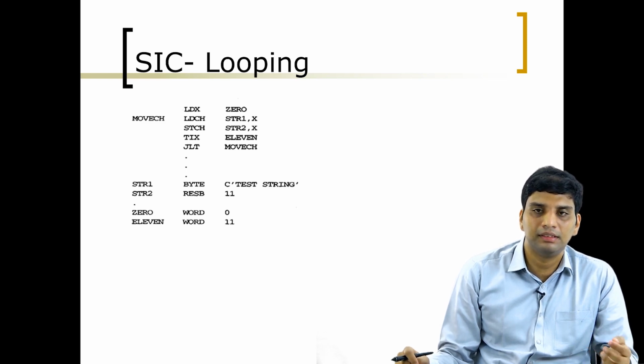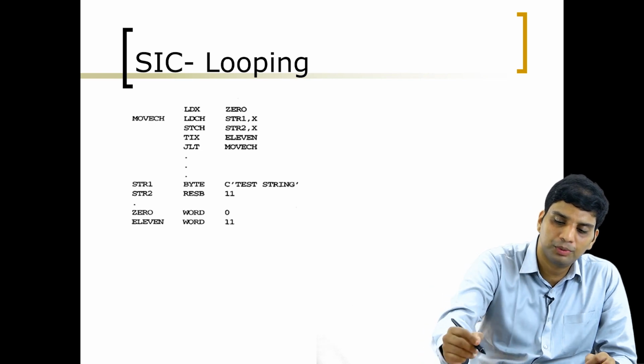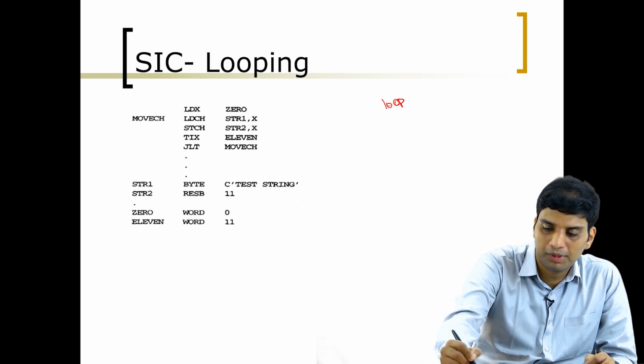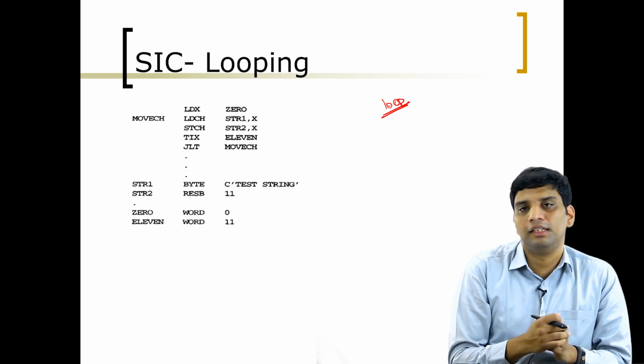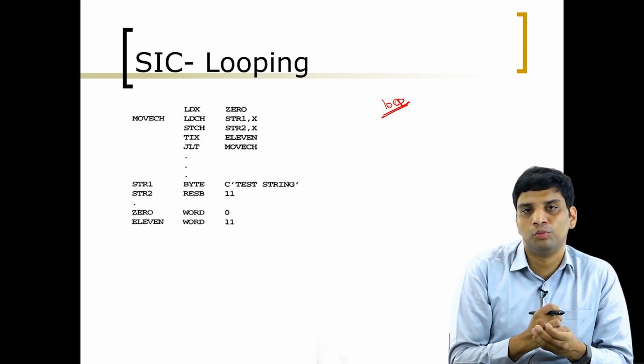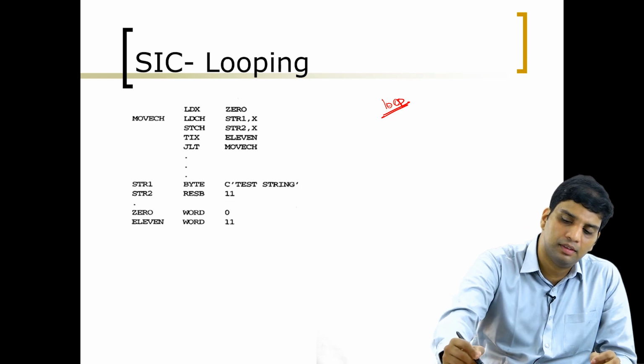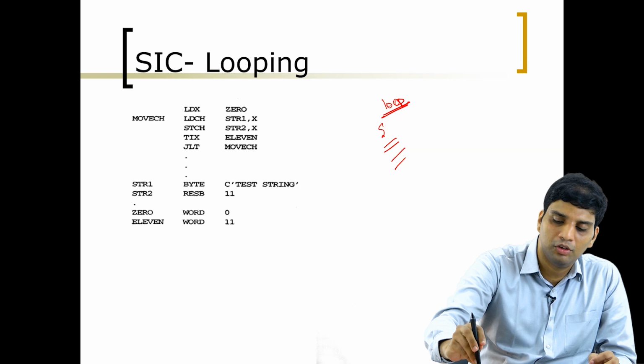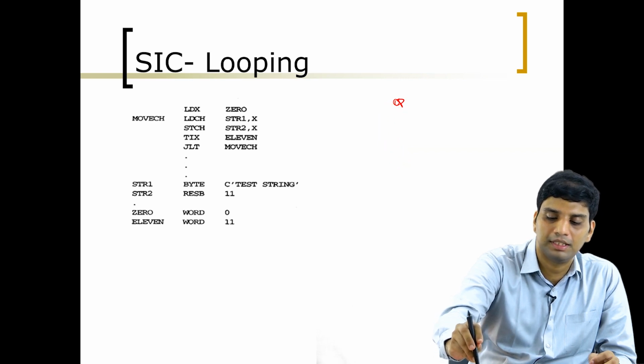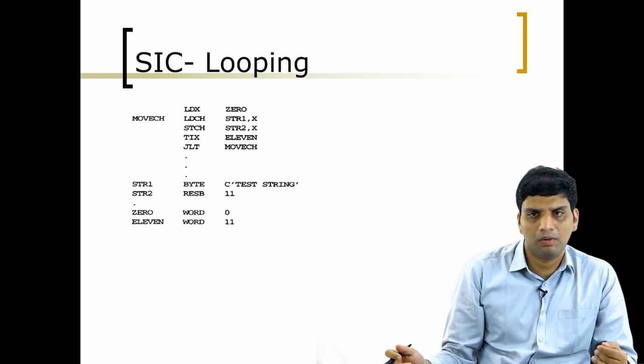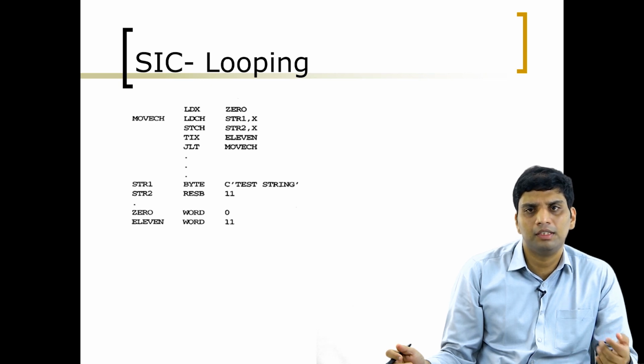How does SIC support looping? So what is a loop? You might have seen loops in C language. Loop means you have some statements that have to be repeated again and again. A simple example for a looping statement is your multiplication table. What do you do while you are multiplying? 1 into 2 is 2, 2 into 2 is 4, 3 2s are 6, 4 2s are 8, 5 2s are 10.